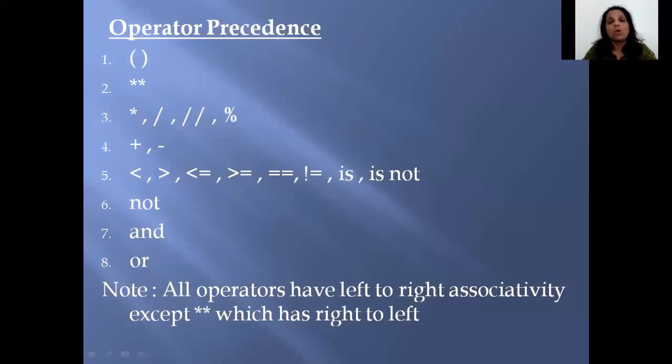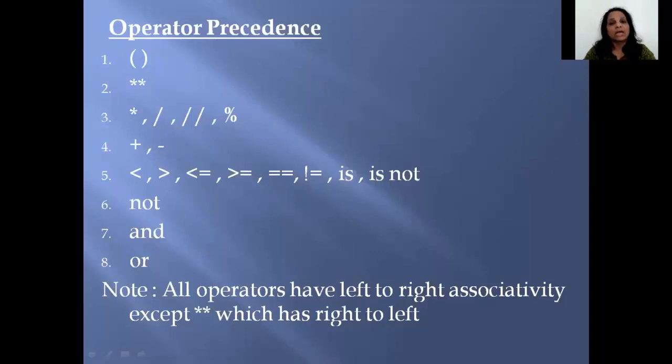Similarly, we have learned all operators in our previous two videos, be it arithmetical, logical, relational, or identity operators. So if you have expressions that have all these operators, then which one we do first depends upon the priority of the operators, which is listed on the screen now.